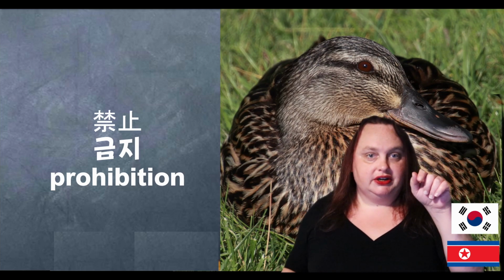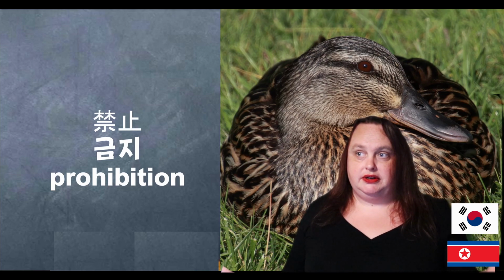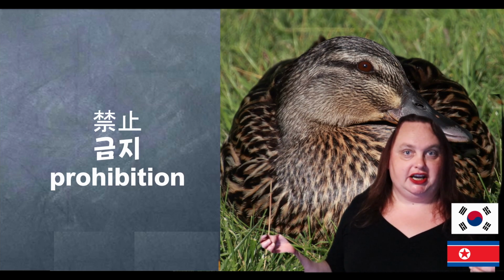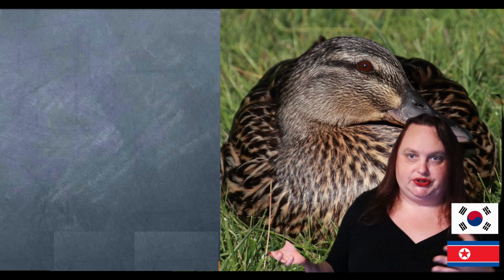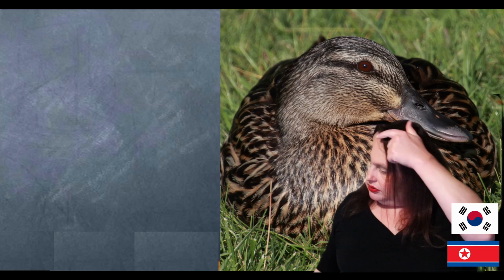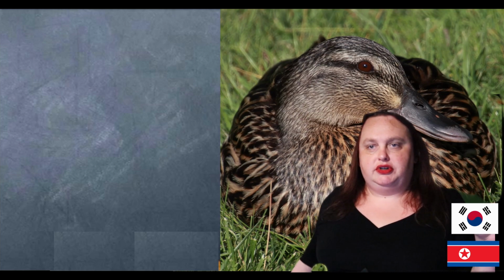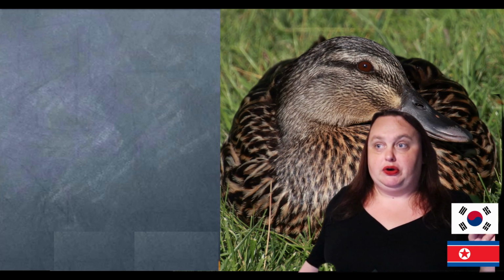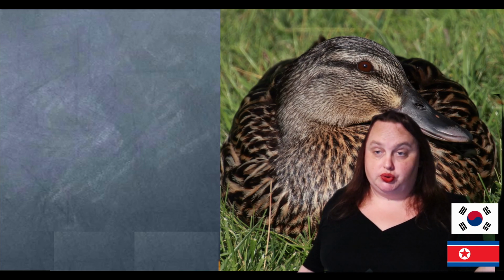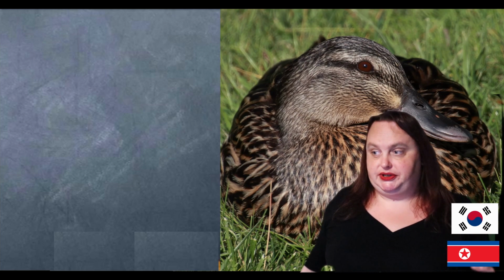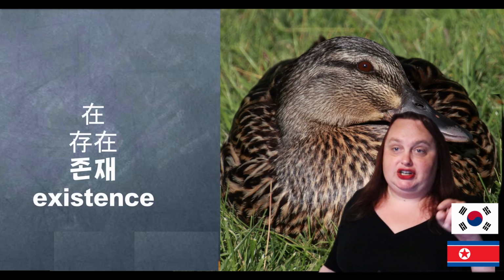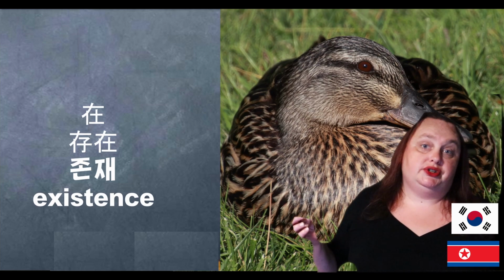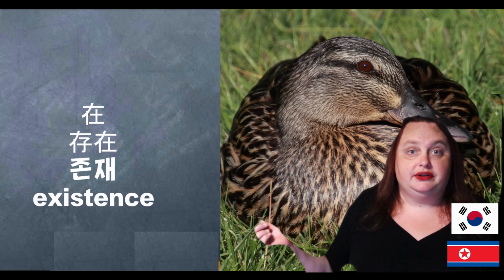You've got shi, as in market or city. That one is fairly self-explanatory, and you've already seen it a million times in place names if you're looking at maps or listening to people talking in Korean. And ryu, which you don't see quite as much. The two examples I gave you are probably the most common ones beyond Zhongyuzhang and Zhongyusu that you will see, but it's there. But je shows up in a lot of things, to be in a place, like jonje, which is existence. Jonjehada, to exist.